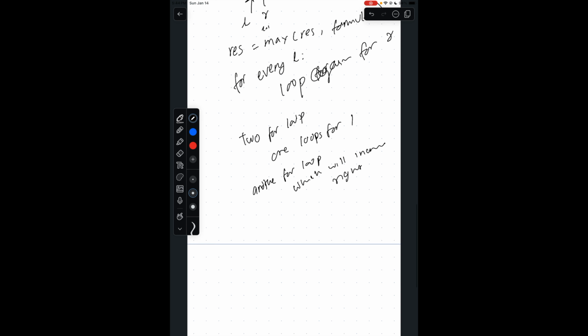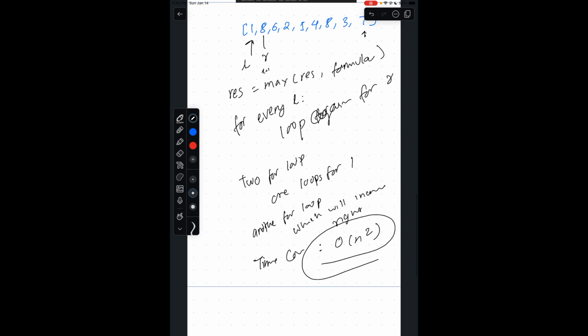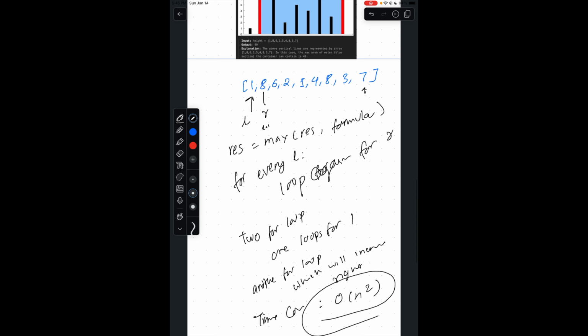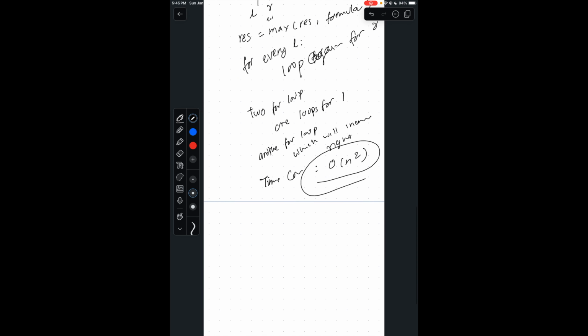So the time complexity will be O(n squared), because we are using two for loops and we are counting the numbers twice. This for loop will go over this and this for loop will go over the numbers. So this will be O(n squared).